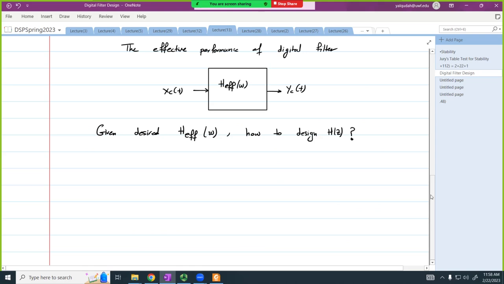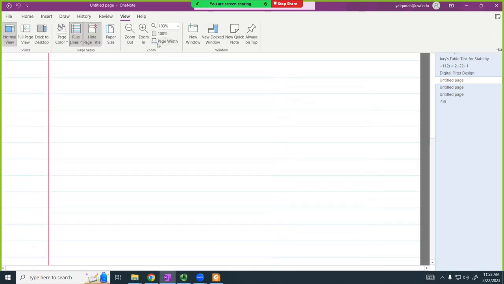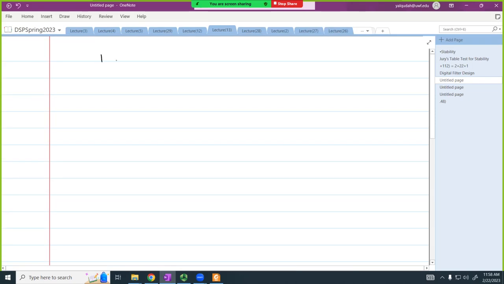And this is what we're going to be investigating when we're discussing the filters. So let's look at the design steps that we're going to be following. So the first step in the design of the filter is to determine the specifications of the desired effective filter.